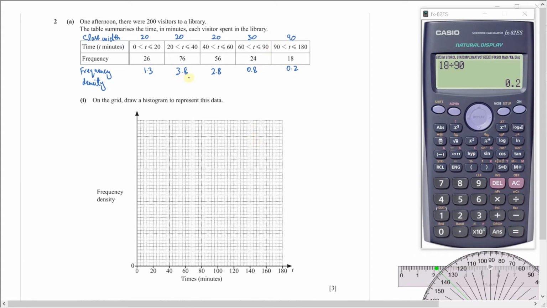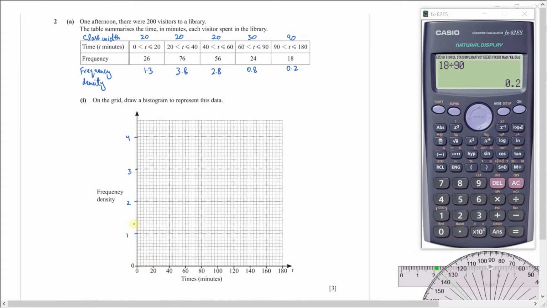Maximum value is 3.8. So if I take 2 centimeters to represent one value of frequency density, I think that should be good. 1, 2, 3, 4. So your first interval is 0 to 20 and frequency density is 1.3.